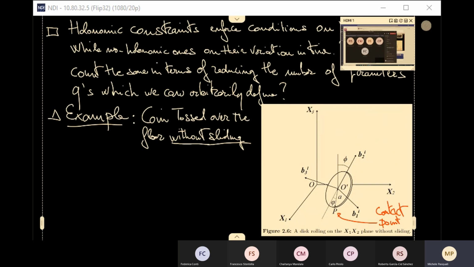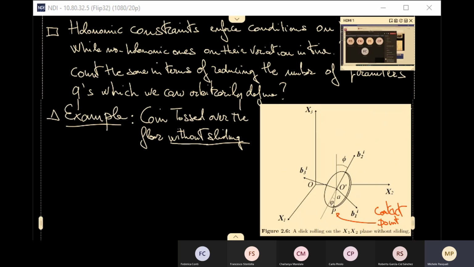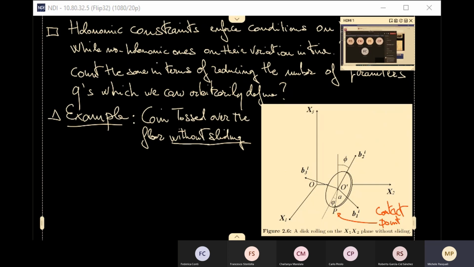Okay, so it means that if we want this rolling without sliding to actually be enforced, it means that here at point P there is to be no relative motion between the floor and the coin. How would you enforce that? Could you guess? Anyone from home as well?